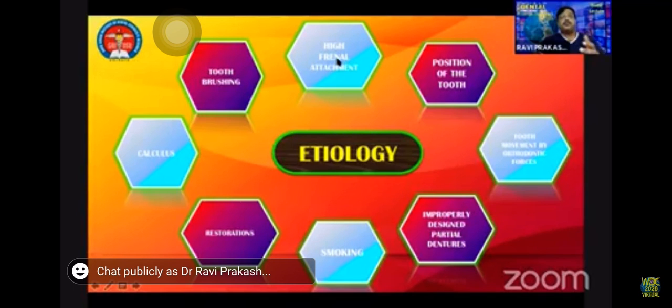High frenal attachment is a perioesthetic problem, wherein the high frenal attachment pulls the marginal gingiva down, apically, leading to exposure of the root. Then the position of the tooth: when the tooth is not positioned in the line of occlusion, or is placed more buccally or more labially, the amount of bone will be less, because the gingiva follows the contour of the bone.